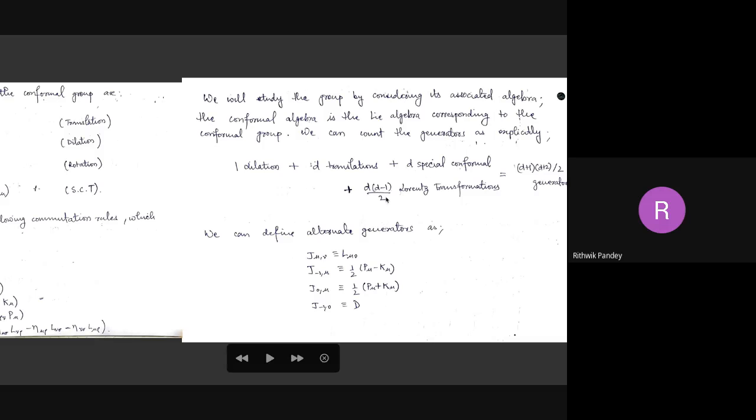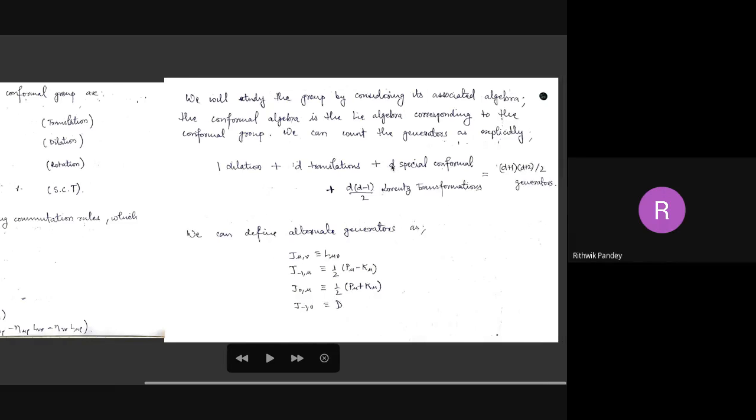And the Lorentz transformations we know have D times D minus 1 by 2 generators in D-dimensional space-time, because infinitesimal Lorentz transformations are characterized by omega mu nu, which is an antisymmetric matrix. So in a D-dimensional space-time, it has D times D minus 1 by 2 elements. If we add this up, we have a total of half times D plus 1 times D plus 2 generators for the conformal algebra.